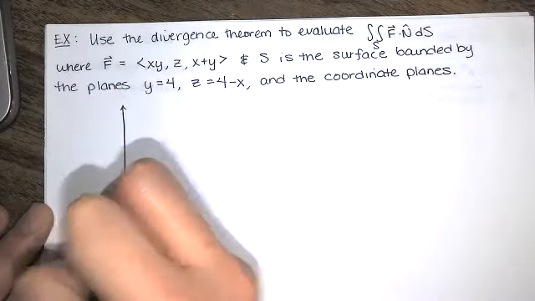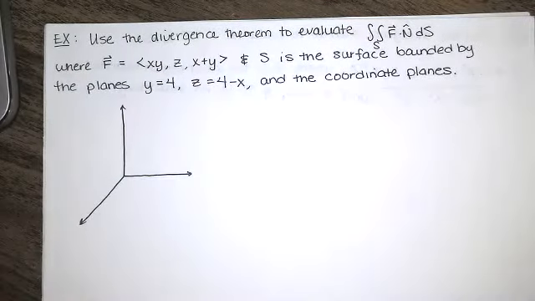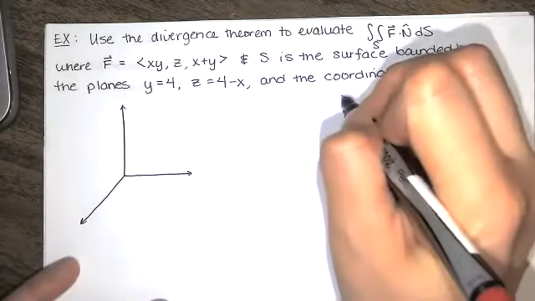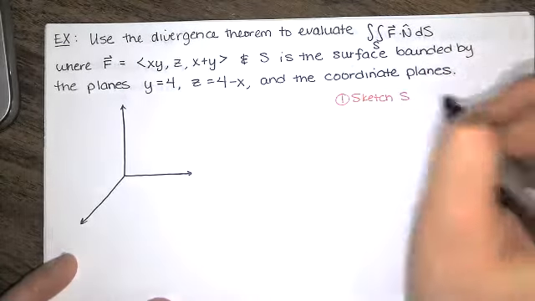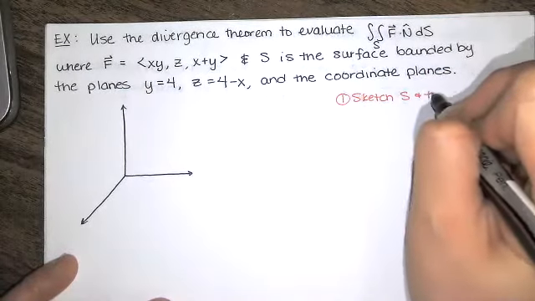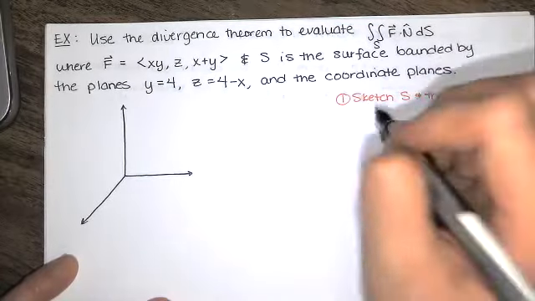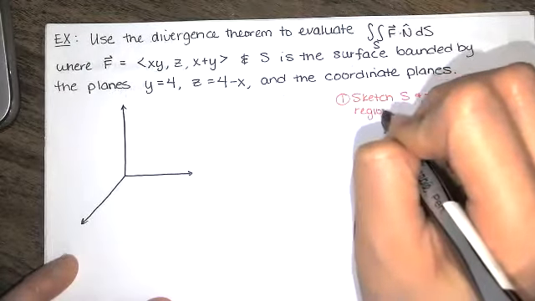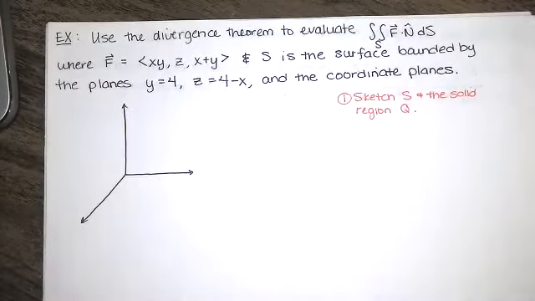The first thing I would recommend that anyone do is sketch the surface S, and then of course the solid region Q inside. S is that surface on the boundary, and Q is that solid region inside the surface.